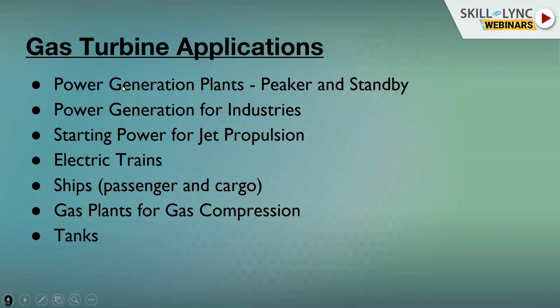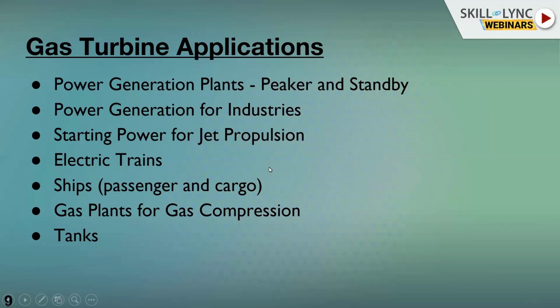Instead of just relying on the grid to provide continuous power, these heavy manufacturing plants will have their own power generation plants as well. And then some of the gas turbines, called aeroderivative turbines, are used for jet propulsion as well. And then electric trains, and ships, any passenger or cargo ships which go on multi-day or multi-month voyages. For them, for power generation, gas turbines can be used.